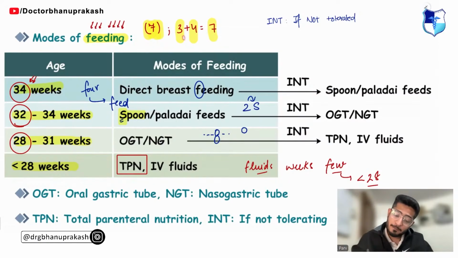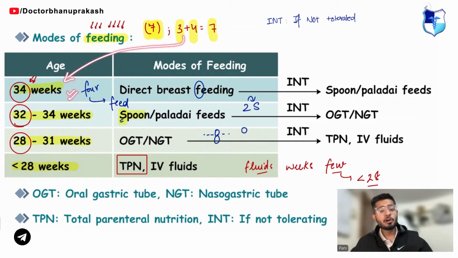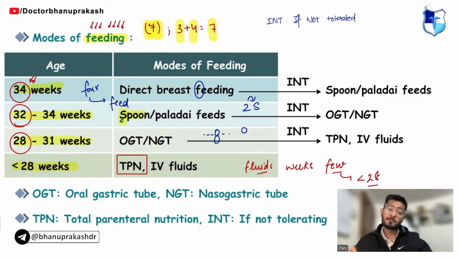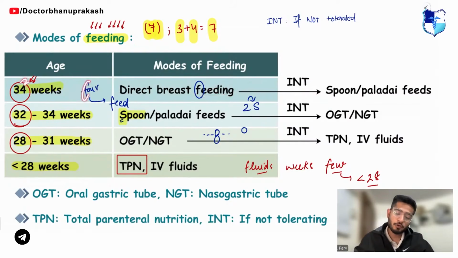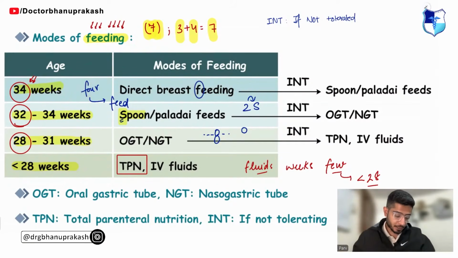So remember that 3 plus 4, that is 34. So your ultimate thing is 34 weeks. So if the baby is 34 weeks, give breastfeeding, no problem. So can you remember 34, F for 4, F for feeding, okay? Clear?